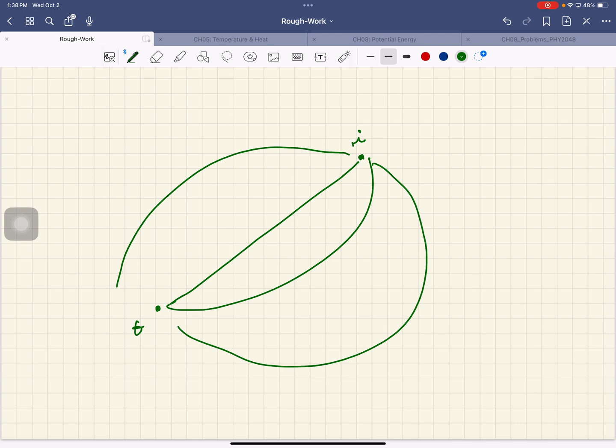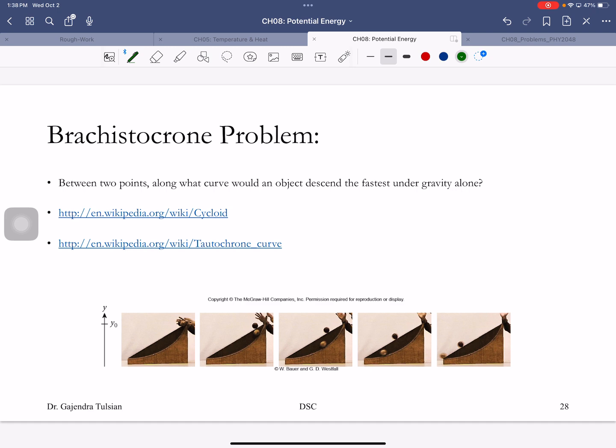That was the question. And it turns out the solution, this is the Brachistochrone problem, and the fastest path happens to be this, and that's a cycloid. And here's an illustration of that. You release the two balls at the same time. Your initial guess would be a straight line path, but this guy, the inverted cycloid, is the fastest path.